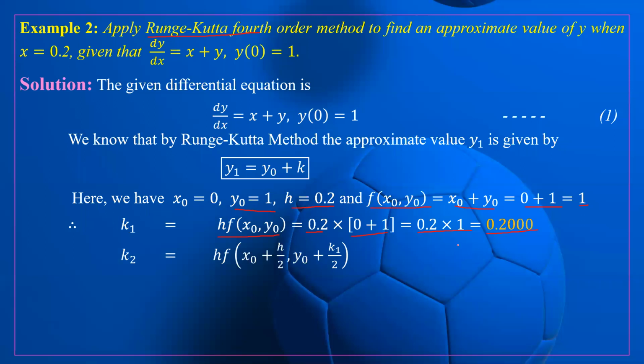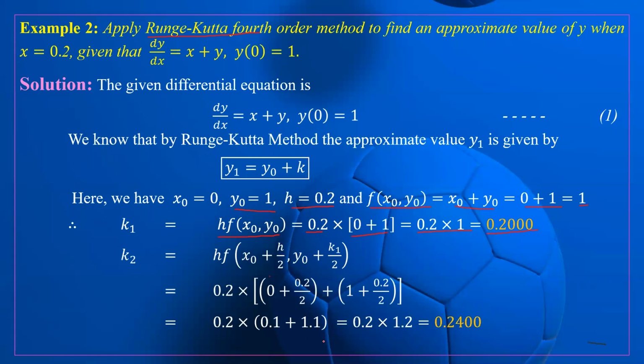K2 is equal to h times f. This is also similar, so its value is 0.24. We have already calculated it in the last example. Okay, so next is K3. K3 is equal to h times f of x0 plus h by 2, y0 plus k2 by 2.